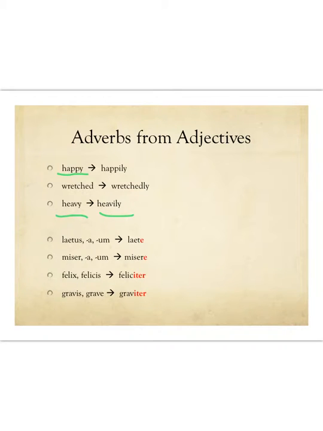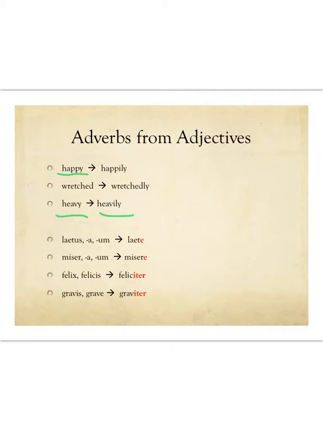These aren't all the adverbs in English, but a lot of them end in ly, and they are derived from adjectives. And the same is true in Latin, and those are super easy to form. I've already been using them in class, and we use them all the time, probably without thinking very much.